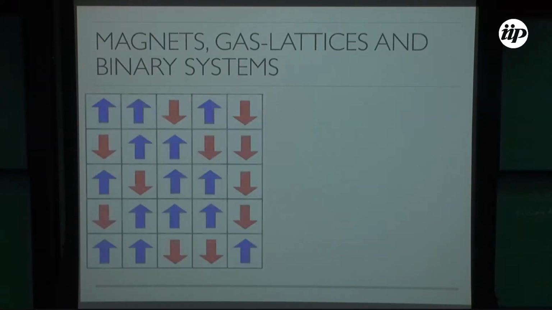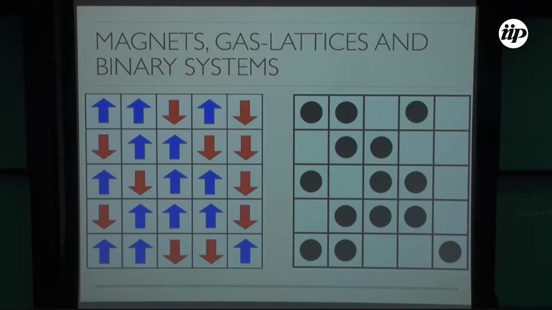And okay, so this is for magnets where you have spins which can point up and down, but also, you know, with the same description, you can also describe a lattice gas, which is appropriate for studying the gas-liquid transition, or a binary mixture like a binary of 2 liquids or binary alloys. A binary liquid is like when you mix water or vinegar, let's say, and oil to prepare your salad, and then you look at the demixing of these 2 liquids.